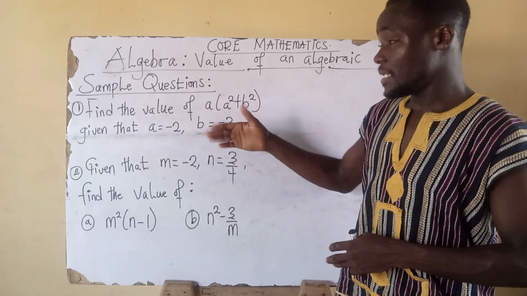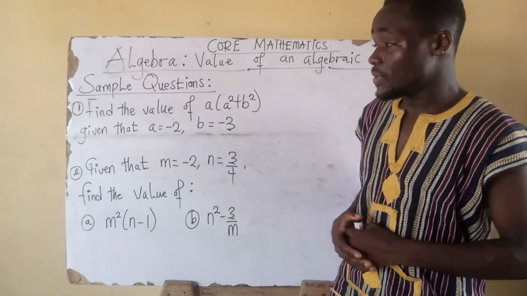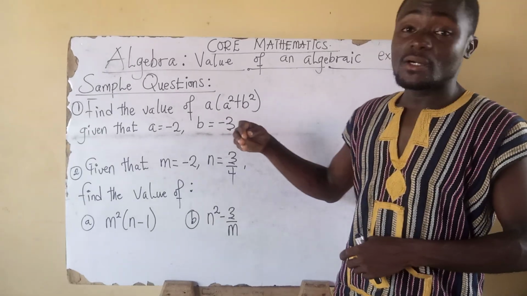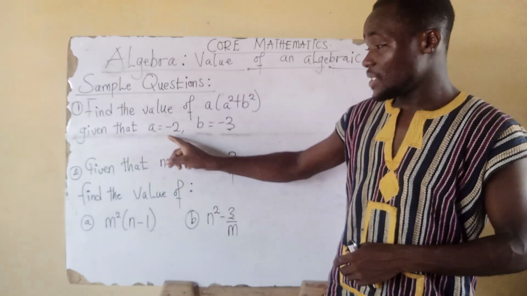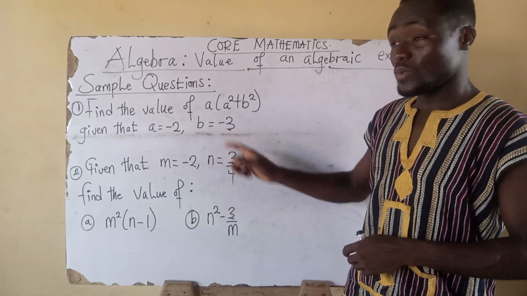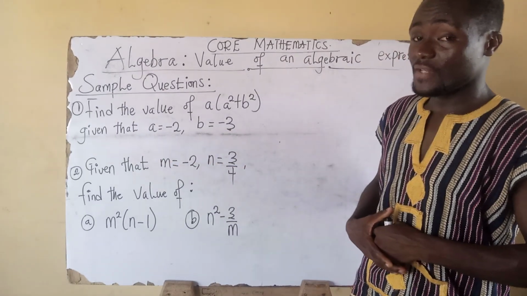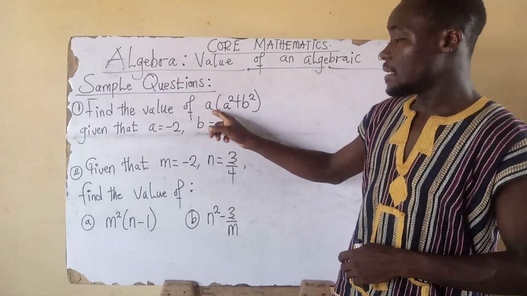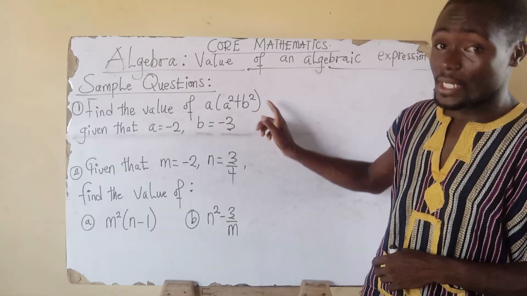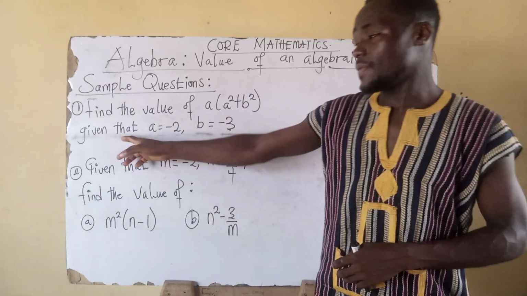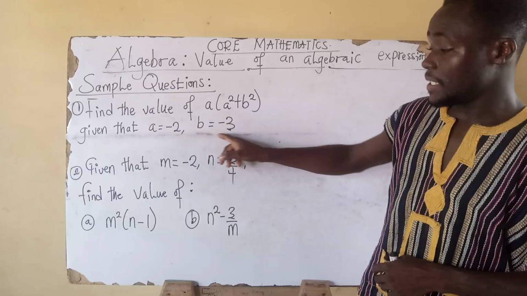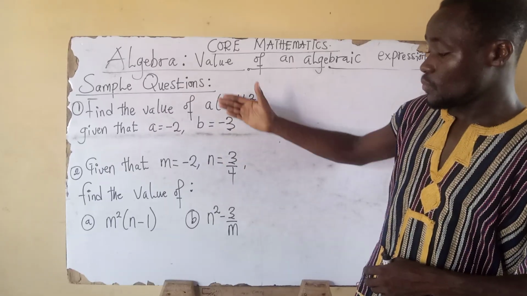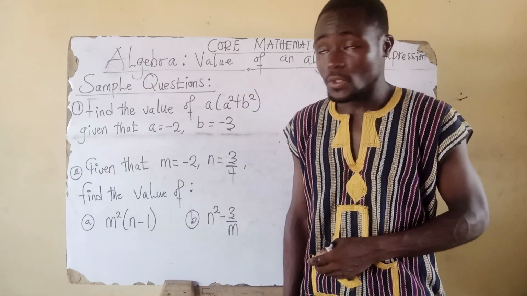Are you with me? So here we are going to find the value of this with respect to the value of a, which is -2, and that of b, which is -3. I believe it is clear. So the question says find the value of a(a² + b²), given that a is -2, b is -3. After this we will go through question 2 as well.